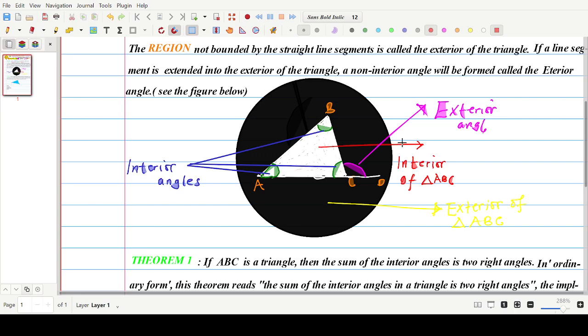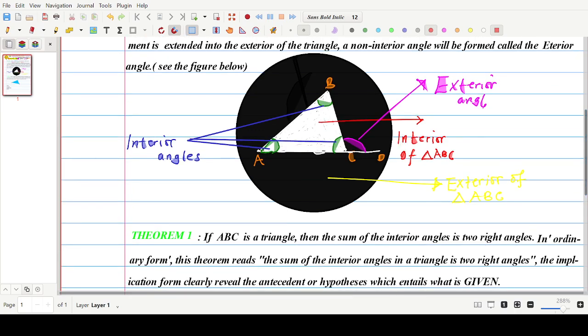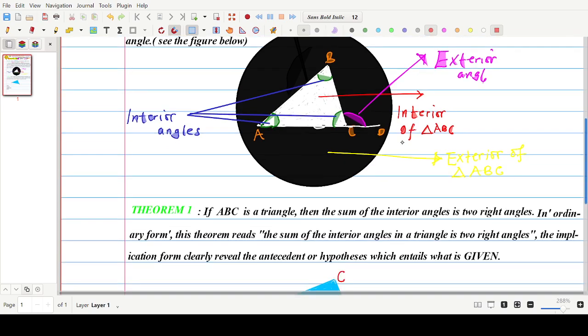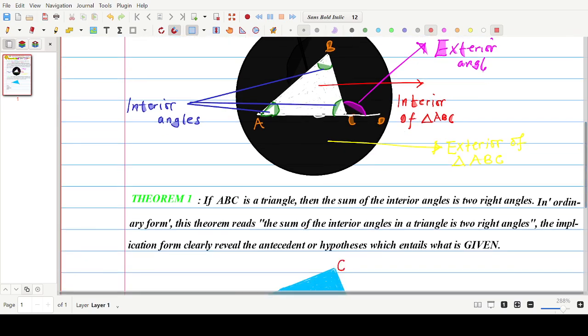Now look at the first theorem here. It's about the triangle. Now what is the theorem talking about in this place? You say if ABC is a triangle, then the sum of the interior angles is two right angles. All right. If ABC is a triangle, then the sum of the interior angles is two right angles.